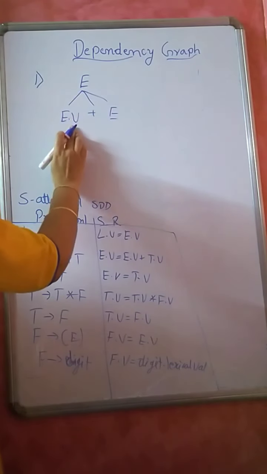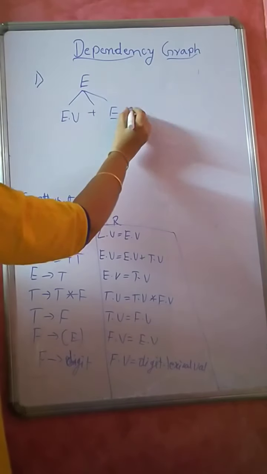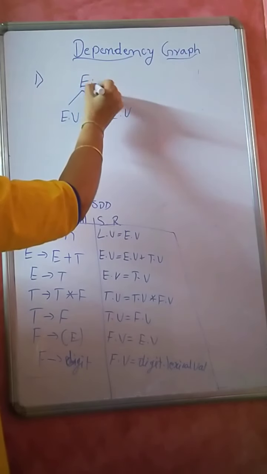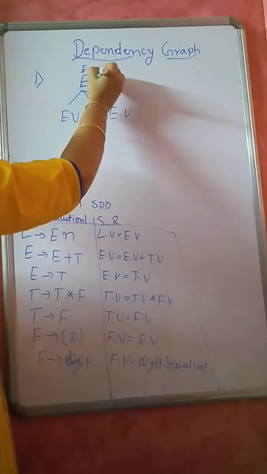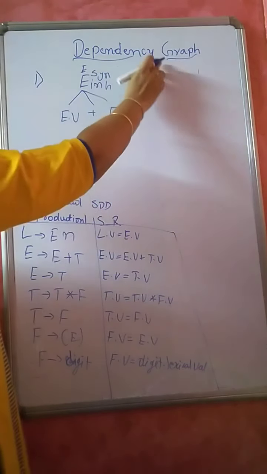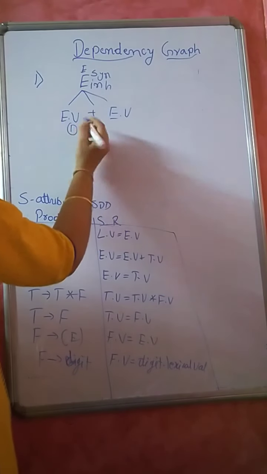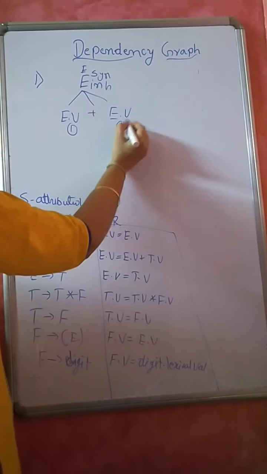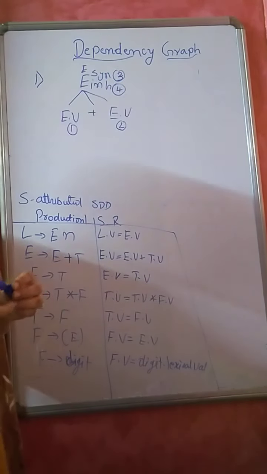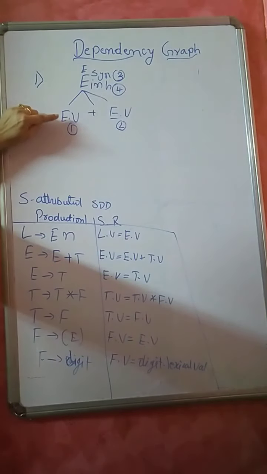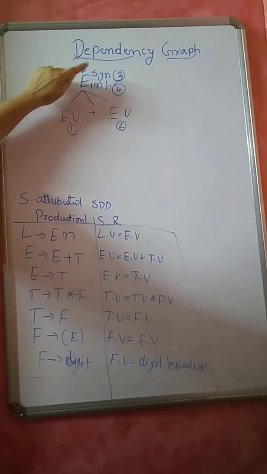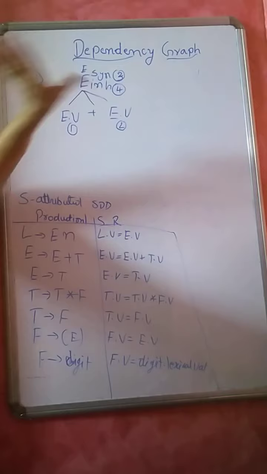Suppose one attribute is associated with this, while two attributes are associated with this: one is an inherited attribute and one is a synthesized attribute. If this is the situation, then in the dependency graph I need to create one node for this, whereas two nodes for this. For each non-terminal, you have to look at how many attributes are associated with it, and that many nodes have to be created in the dependency graph.